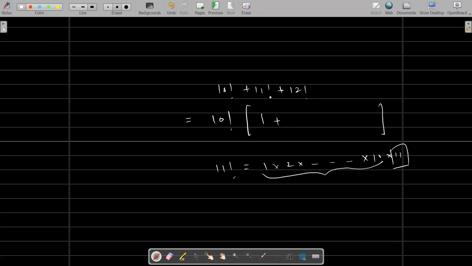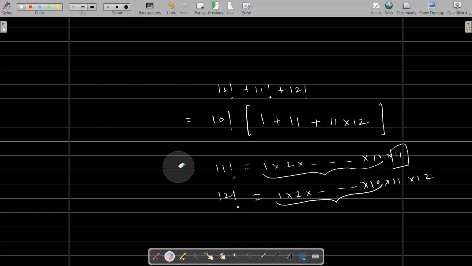And 12 factorial is the product 1, 2, 3, 4 up to 10 into 11 into 12, so I get 10 factorial into 11 into 12. Everyone agrees with this?